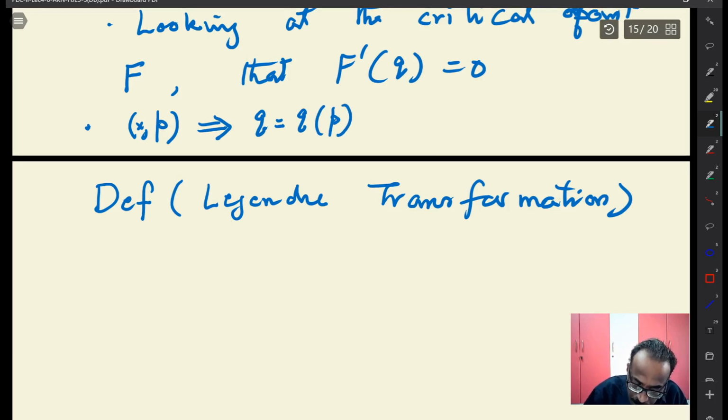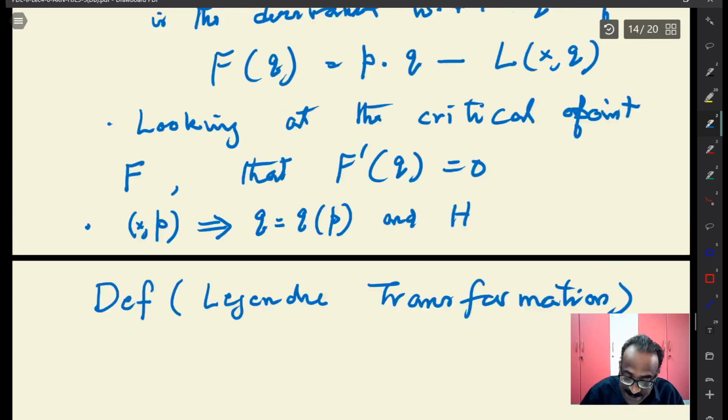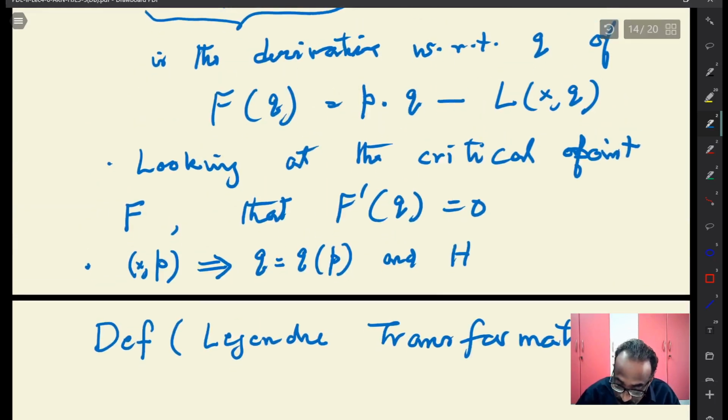Q is equal to Q of P, and H is precisely the maximizer. So when you define H, you are basically defining P dot Q of P minus L of X, Q of P.